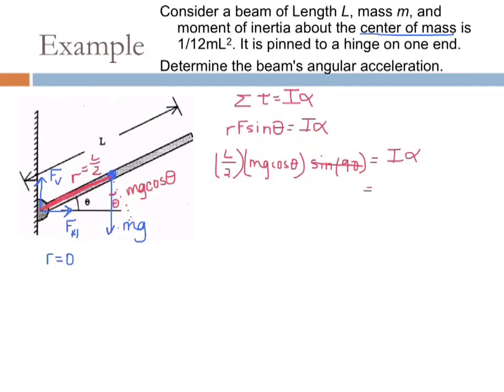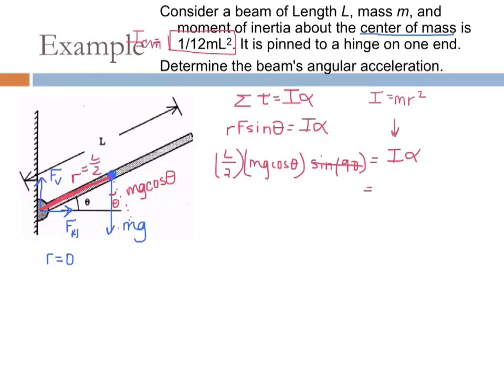Now again, what we're trying to do is solve for your angular acceleration. But the problem, before we do that, is this moment of inertia. Now we know that a moment of inertia is mr squared, where r is a distance away from your axis of rotation. But the problem is that the moment of inertia that we're given is about the center of mass. But we're not rotating about the center of mass.